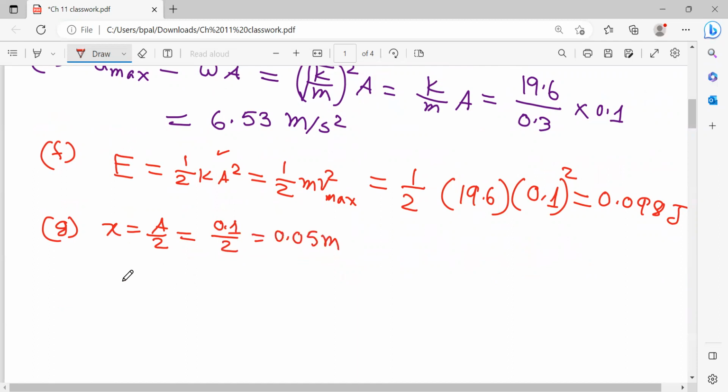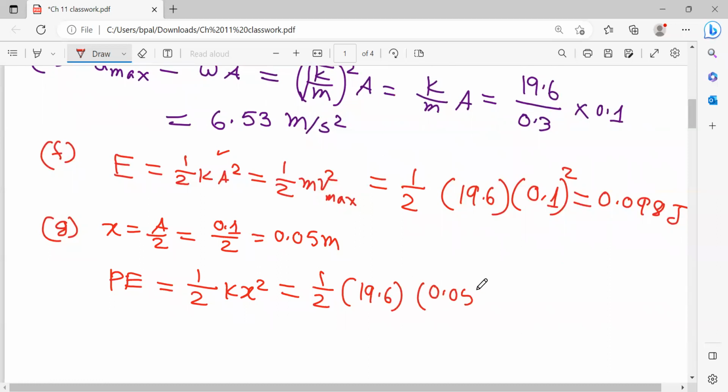We can easily determine the potential energy because potential energy is equal to half K x square, right? So half K is 19.6 and x is 0.05 square, and that is equal to 0.0245 joules. So this is the potential energy.